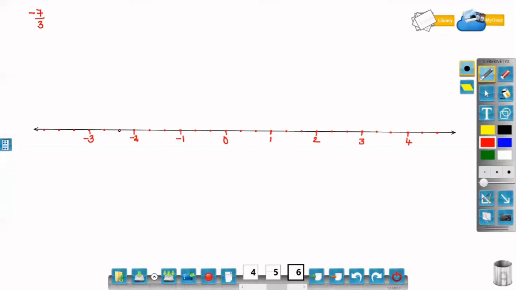This is -7 by 3. 7 parts away from 0 on the left side because it is a negative number. So we can represent any rational numbers on the number line.